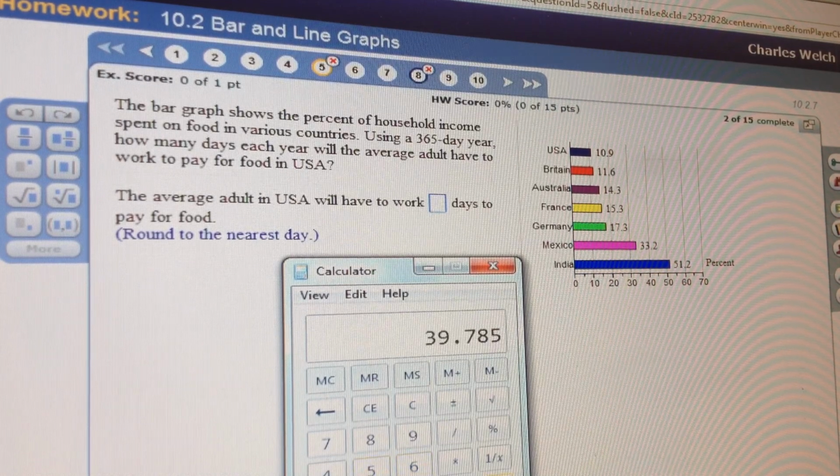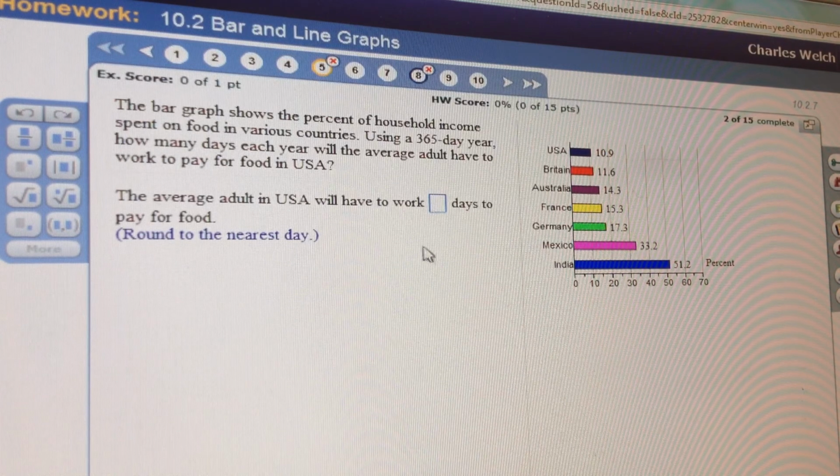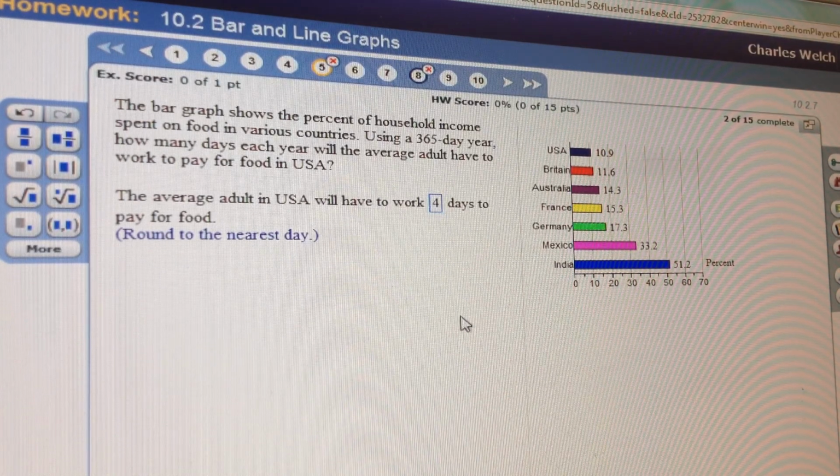And this is going to give us 39.785 days. Now it asks us to round it to the nearest day, so that's going to round up. Actually, the 7 causes the 39 to round up to a 40. So in the United States, we'll see 40 days on average for food.